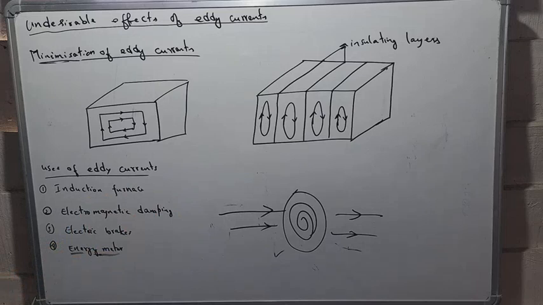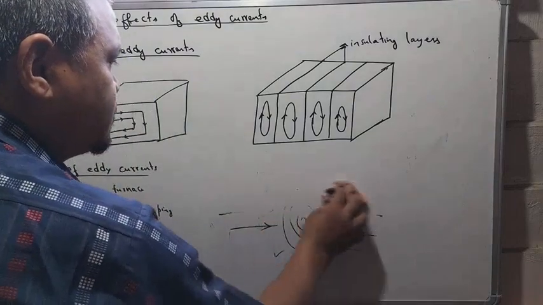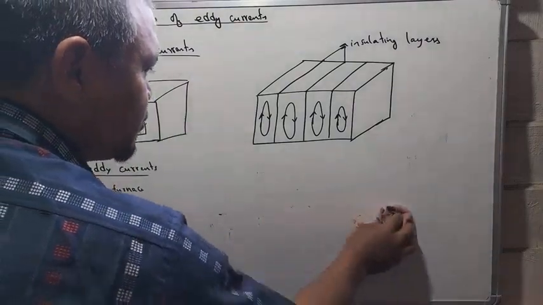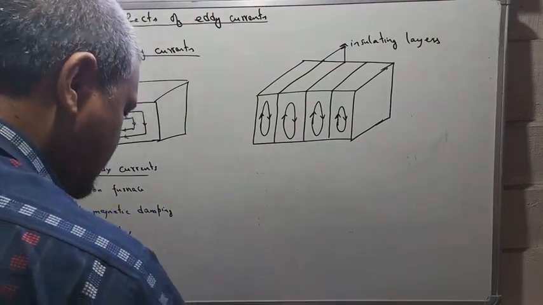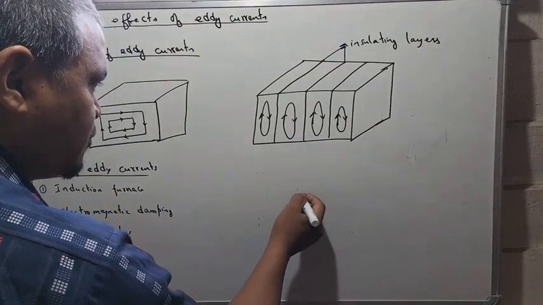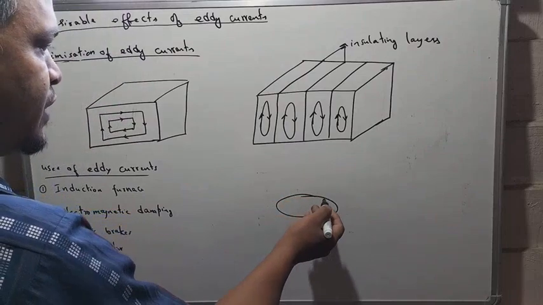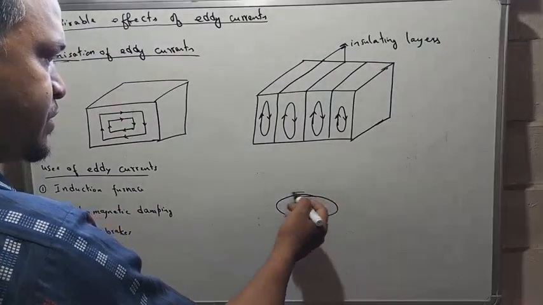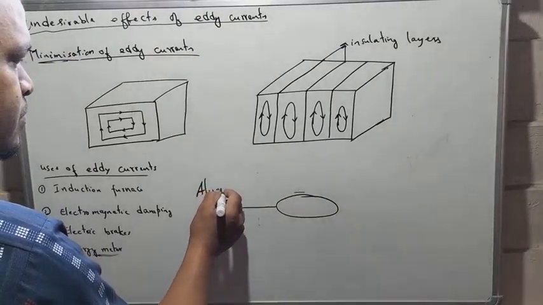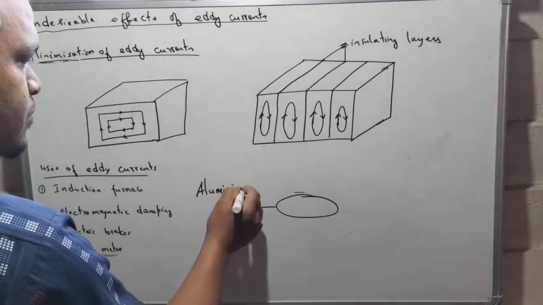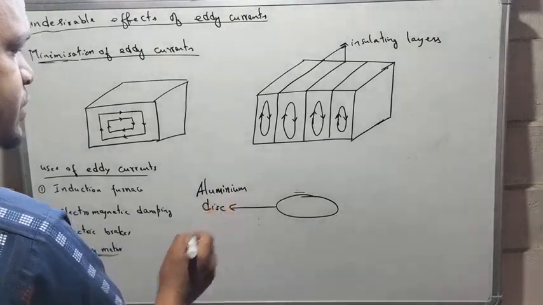So this is the electric brakes. The fourth use is the energy meter. Outside your home, you always have an electric meter. In that electric meter, when you look carefully, you will find a circular disc, and this circular disc is an aluminum disc.